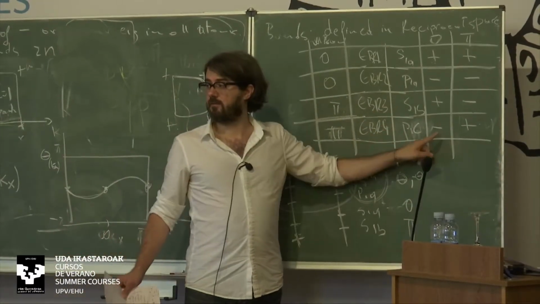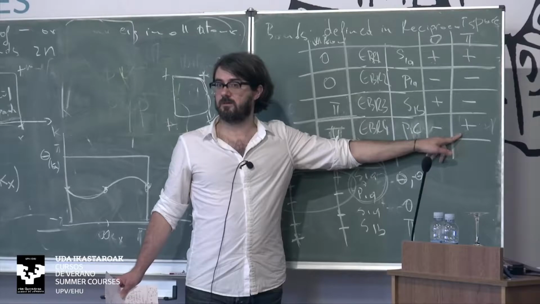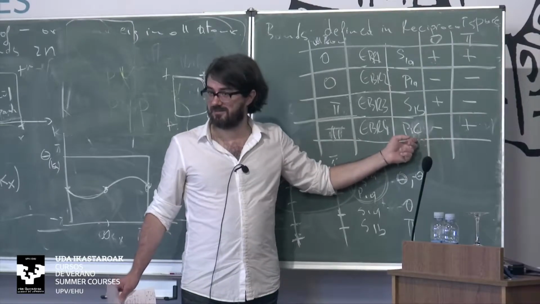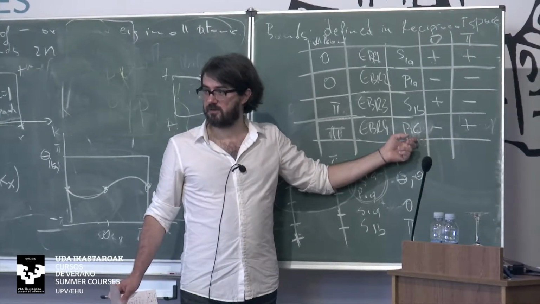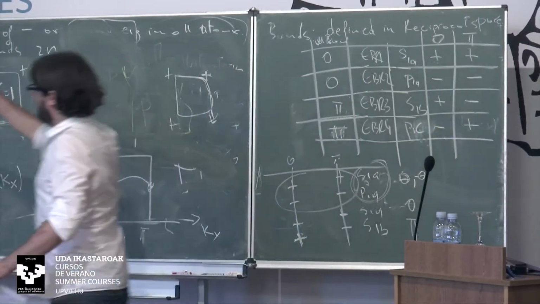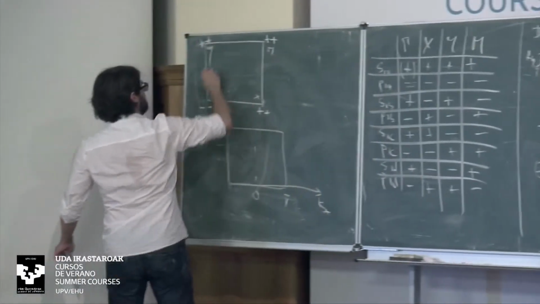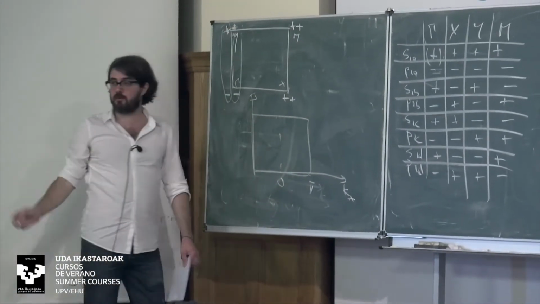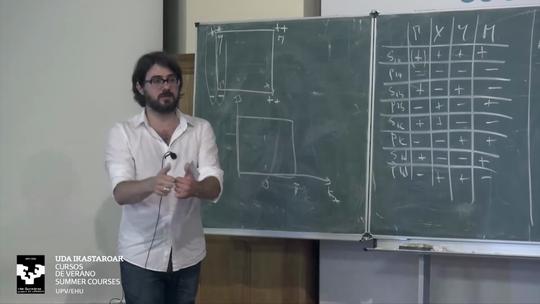This one, right? 2 of these. Is that clear? There's just 2. One is this one. This is the pi, right? This is this point, right? So it's minus plus, this p orbital. Another minus plus, this other p orbital. So I have 2 p orbitals.